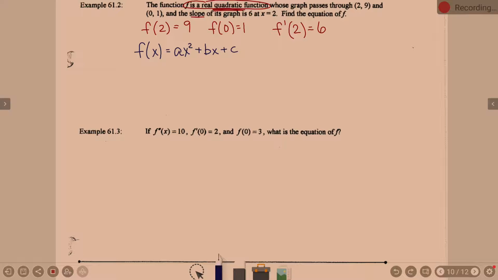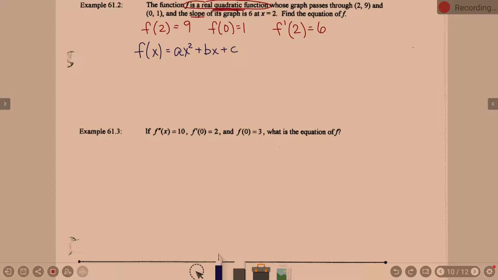So they told us it's a quadratic. Kind of like if they said it's linear, we'd think more like mx plus b, or maybe ax plus b. They told us it's quadratic, so we're using this form. There's a couple different things we can do here. Thoughts? Would c just be 1?